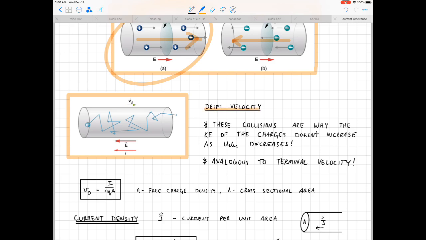And so the collisions are, again, the reason why the charges as they move through the wire do not speed up. The potential energy that is lost as the charges move through the wire exactly corresponds to the thermal energy that's generated from these collisions. Right? And again, this is analogous to terminal velocity that we talked about in 101.